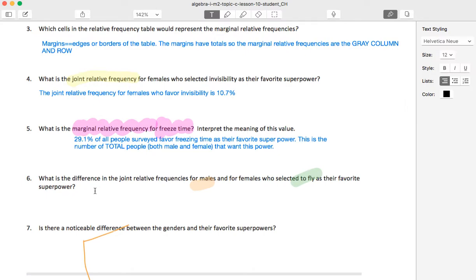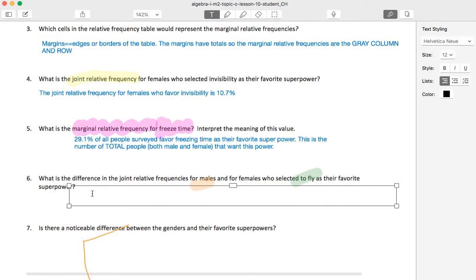All right, so males that want to fly, 11.3%. Females that want to fly is 10.9%.